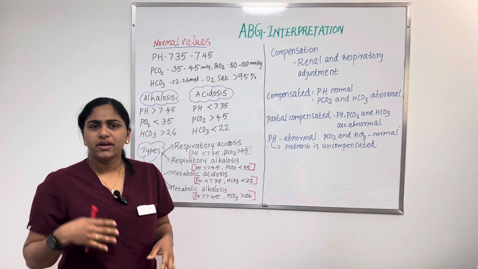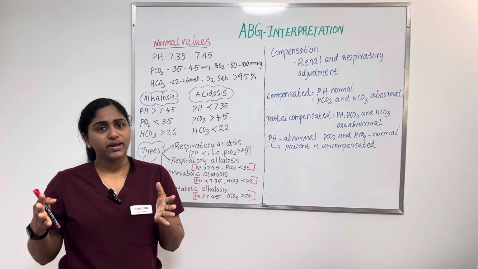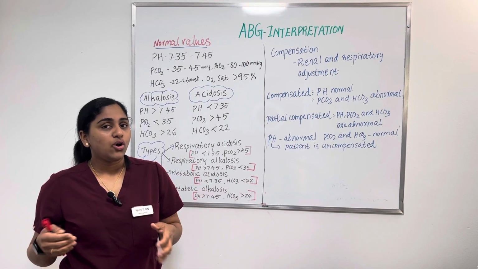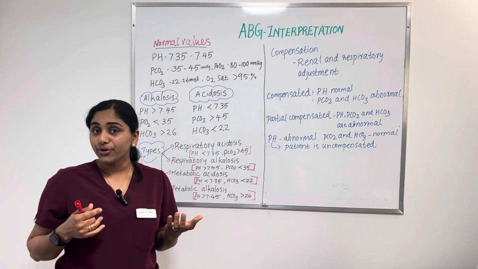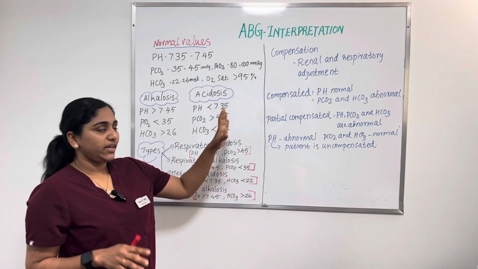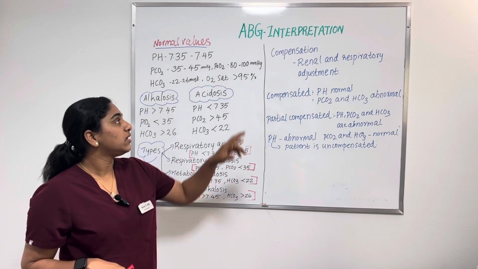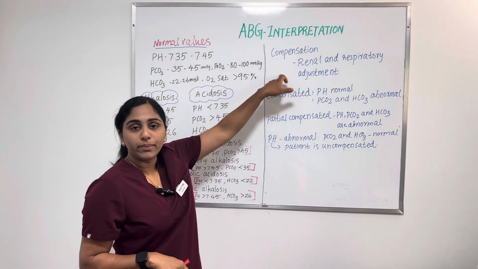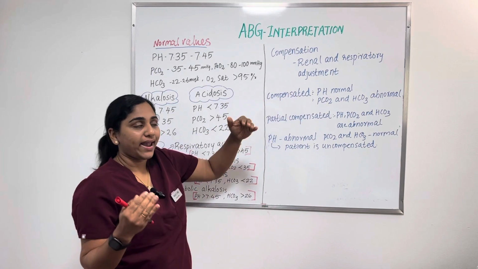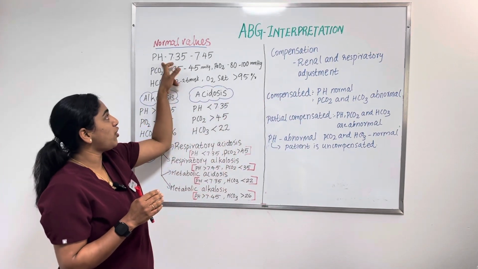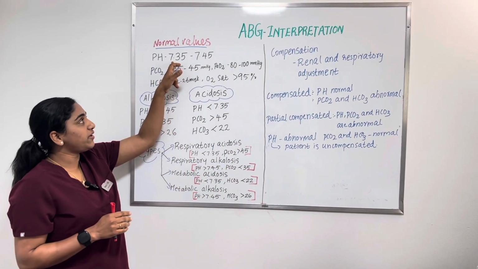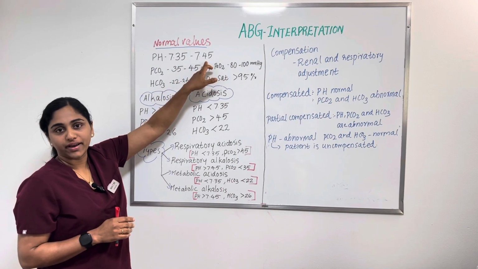That means, is my patient going through a compensatory stage, or is it already compensated or not, right? Whenever we have an imbalance in our pH, our body will try to compensate to get the pH back to the normal level, 7.35 to 7.45.